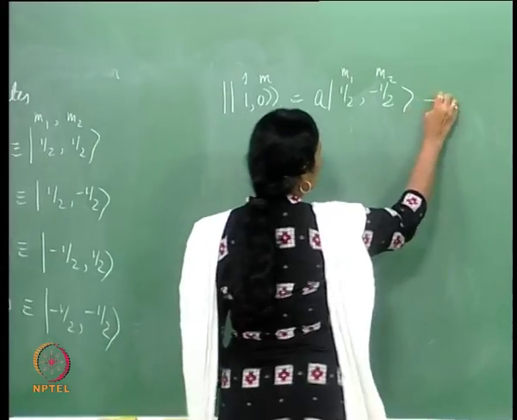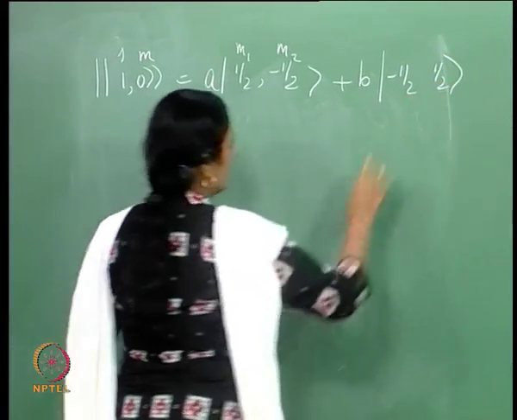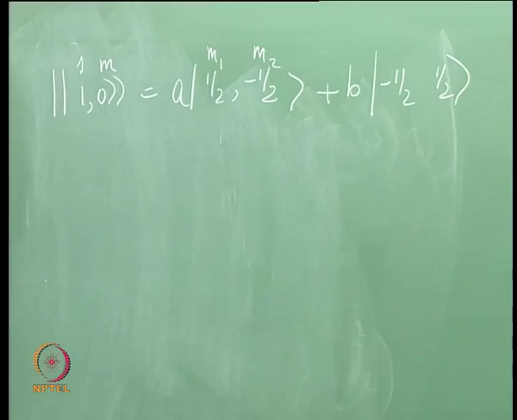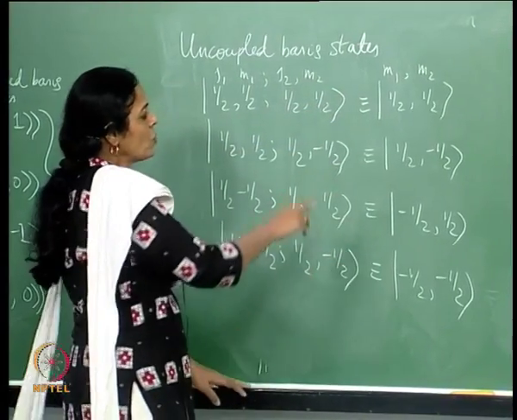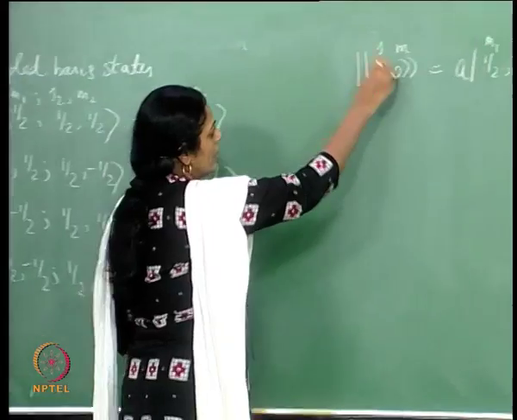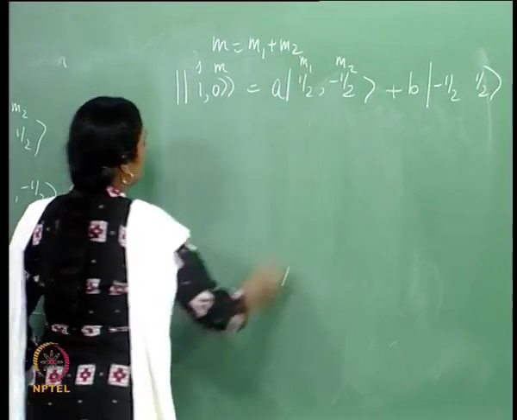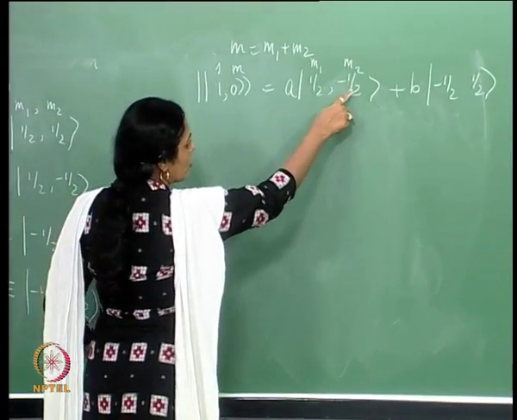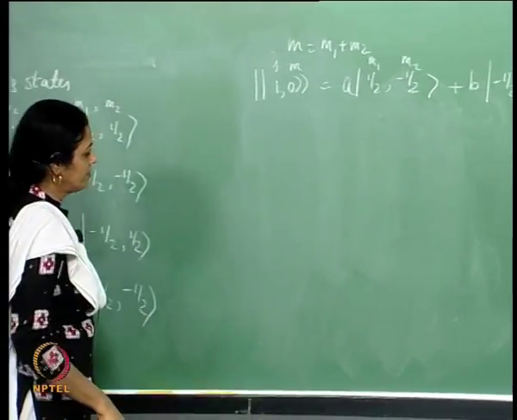So, it should be a superposition. There is no other way I could have used M1 and M2, given the values of M1 and M2. There is no other way I could have produced M equals M1 plus M2 except to combine half with minus half and minus half with half.